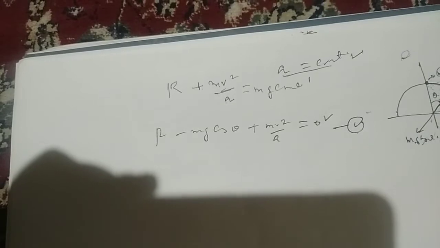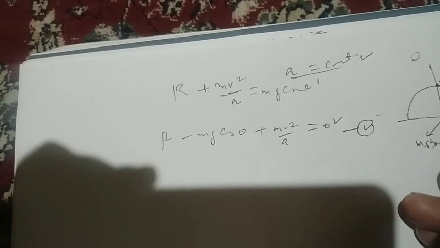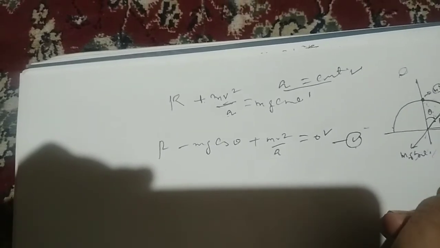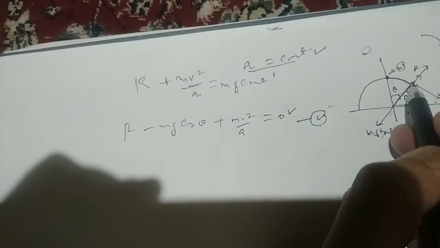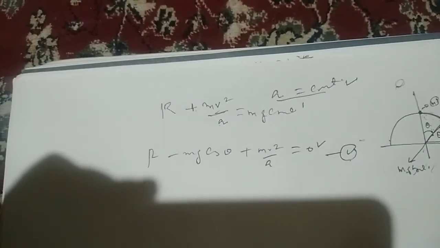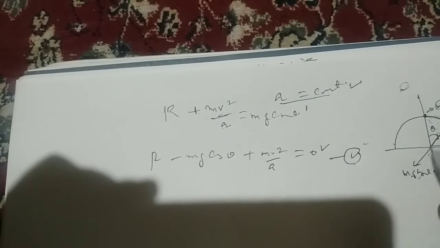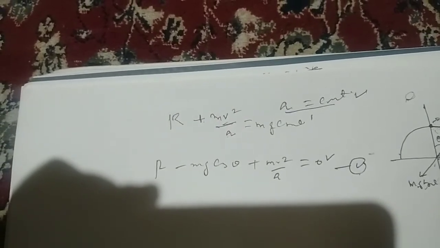Another equation I have here: when the particle moves along this trajectory, it will possess some torque, because the force acting on the particle is this much, and the particle is at a distance of r from this point of analysis.